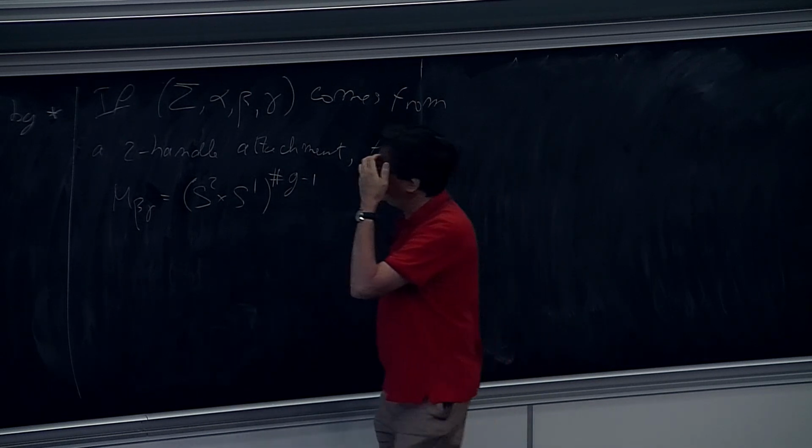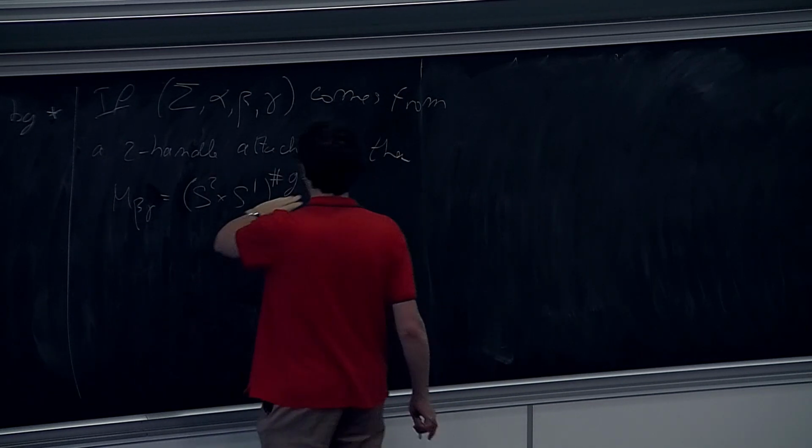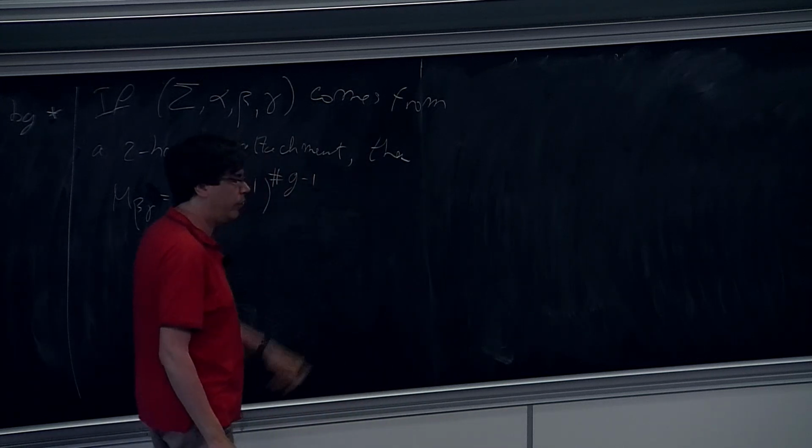If it's obtained by attaching a bunch of handles, you remove the number of handles here from the connected sum.